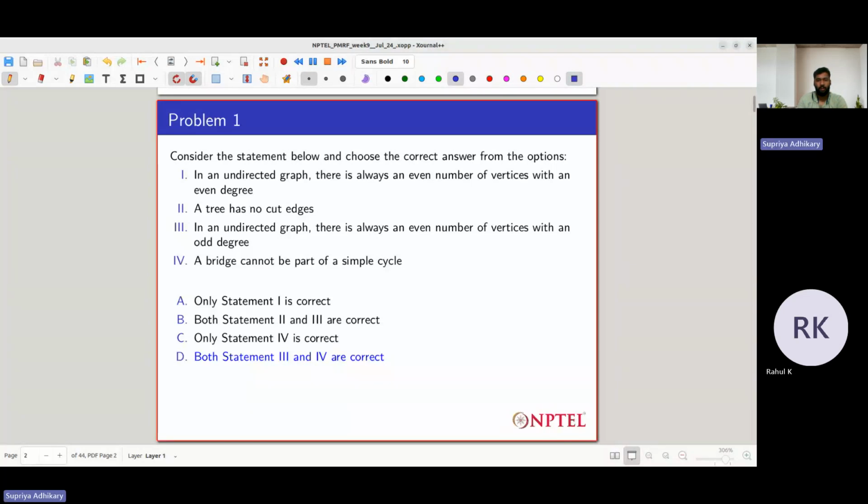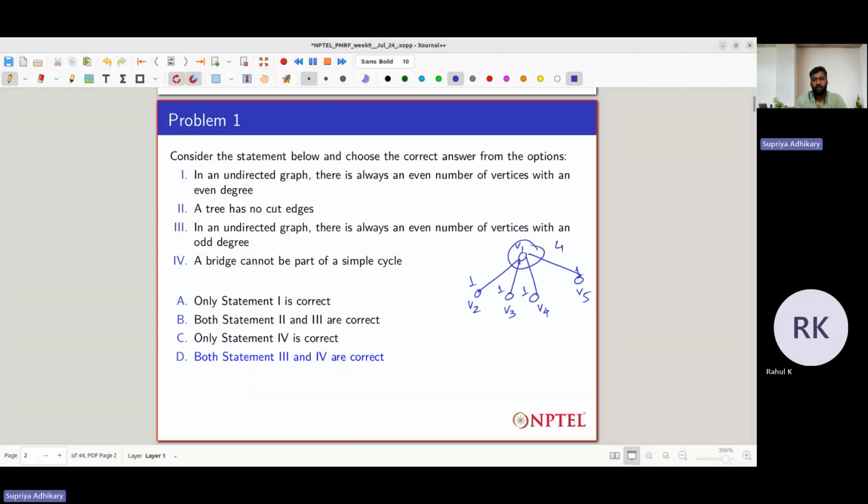So if we consider a simple graph like this, with 5 vertices, then as we can see, V1 has degree 4, and the other vertices have degree 1.